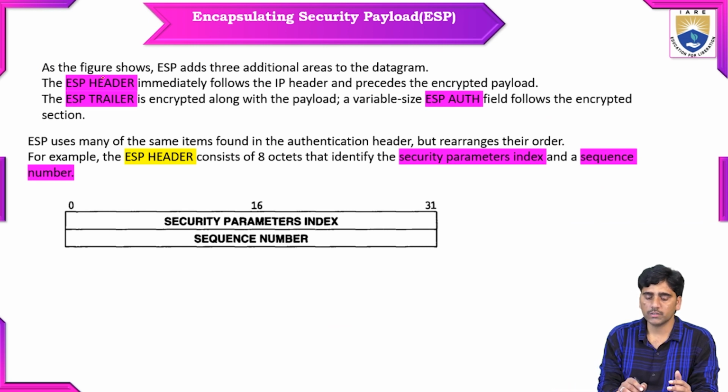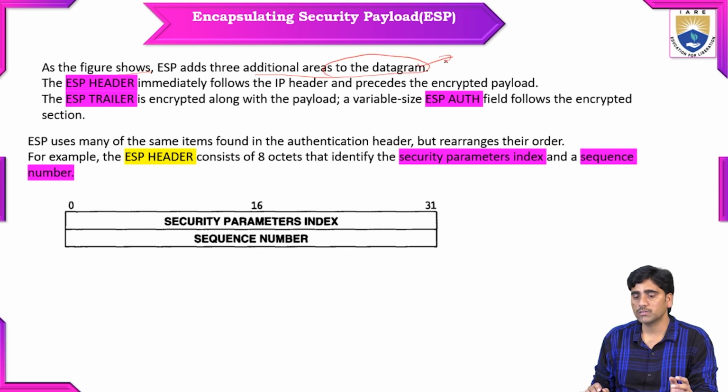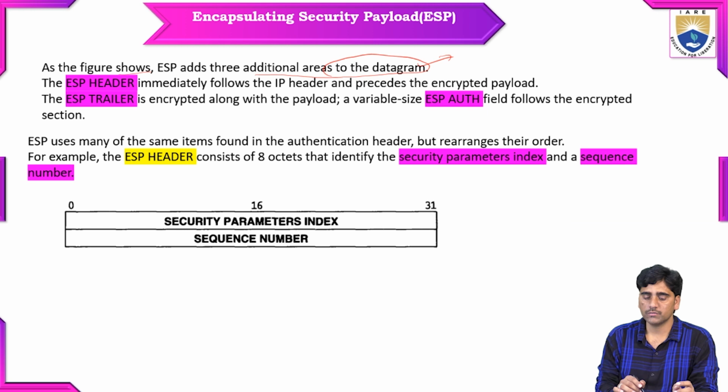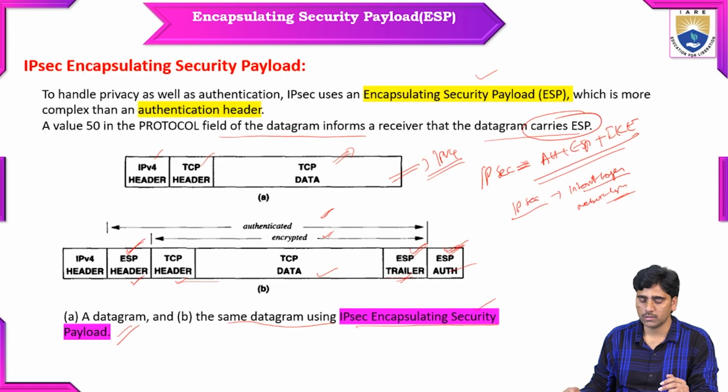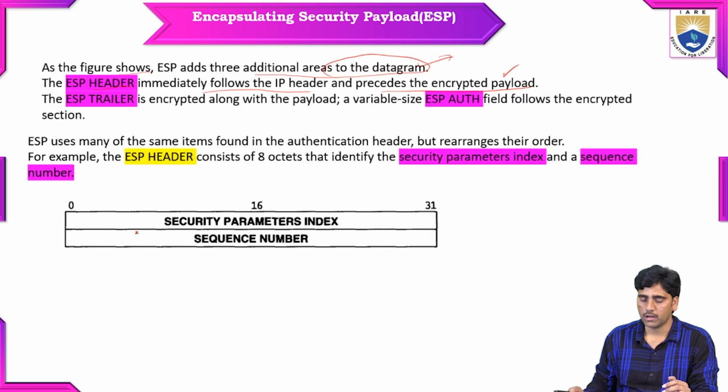As the figure shows, ESP adds three additional areas to the datagram. The first one is the ESP header. It immediately follows the IP header and precedes the encrypted payload.